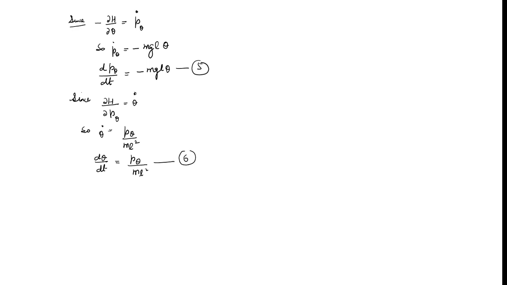So 5 and 6 are two equations which can be solved easily by using differential calculus or integral calculus, and then you can find the equation of motion. From 5 and 6 you may get dp theta dt divided by d theta dt, equal to minus mgl theta upon p theta upon ml square.